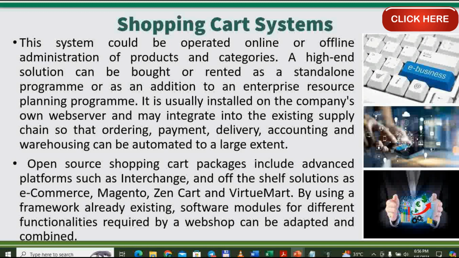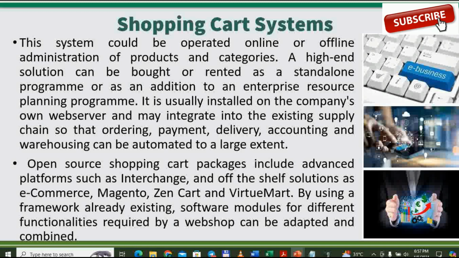Okay, let's move on. Now we also have the shopping cart system. This system could be operated online or offline. Offline administration of products and categories. A high-end solution can be bought or rented as a standalone program or as an addition to an enterprise resource planning program.